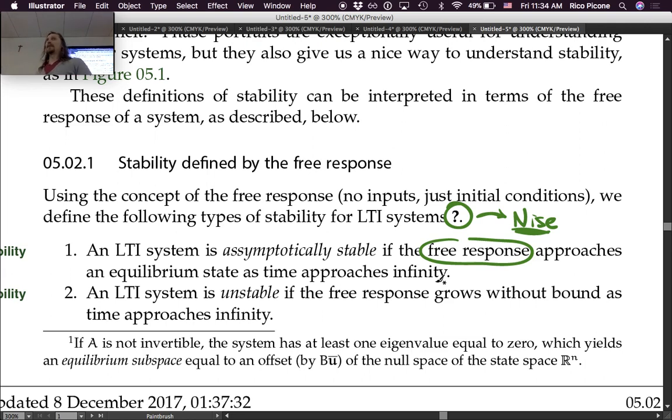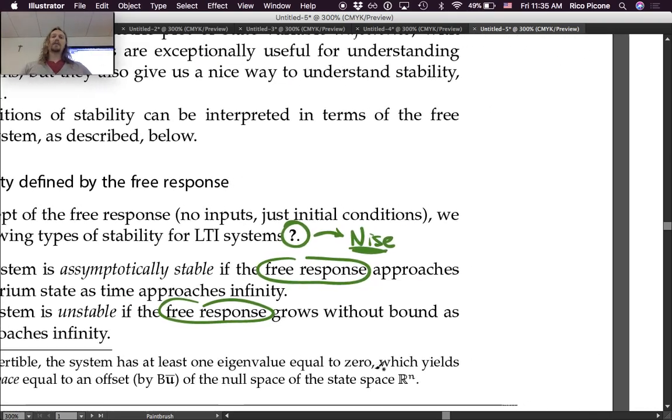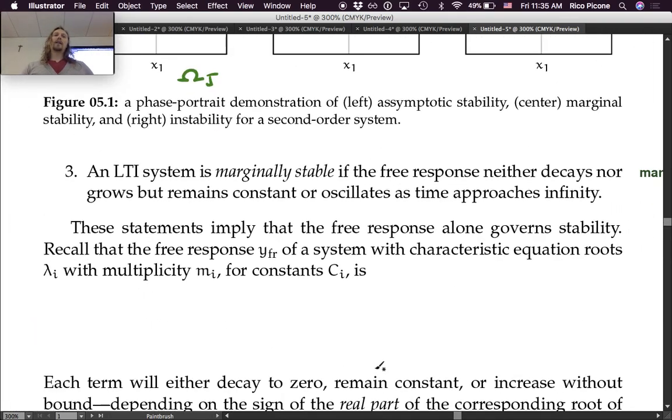We can analytically determine the free response and draw some conclusions. Similar with unstable. Unstable is now defined as a free response that grows without bound as time approaches infinity. And then marginal stability is defined as a system for which a free response neither decays nor grows but remains constant or oscillates as time approaches infinity.